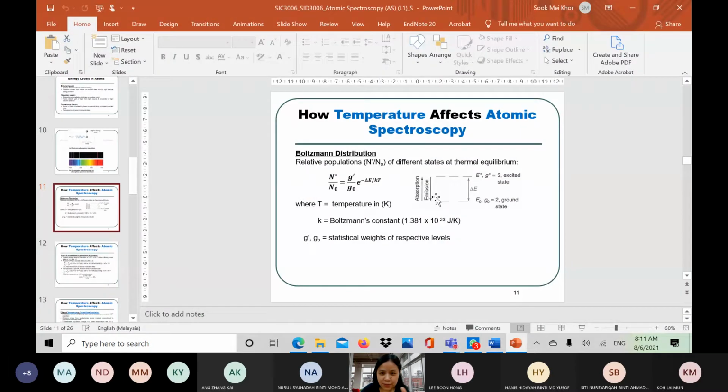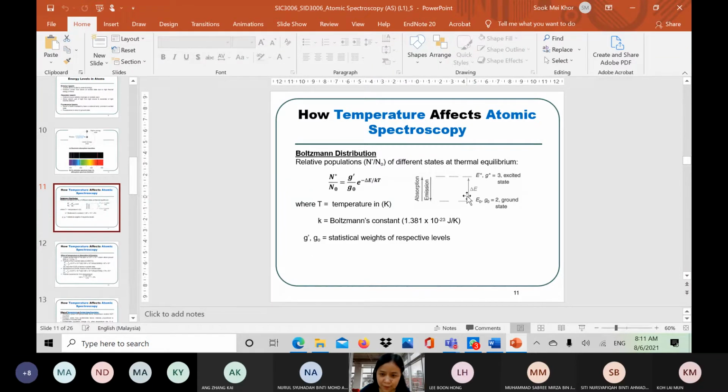For an atom to be excited from the ground state, it needs to absorb energy. And where does this energy come from? In AES, the energy comes from the energy source, which in this question is the flame. The flame energy is too low, so the target analyte cannot be excited from the ground state to the excited state.